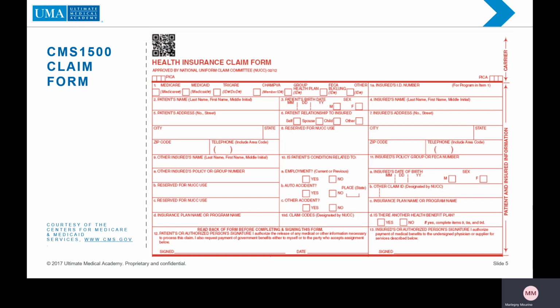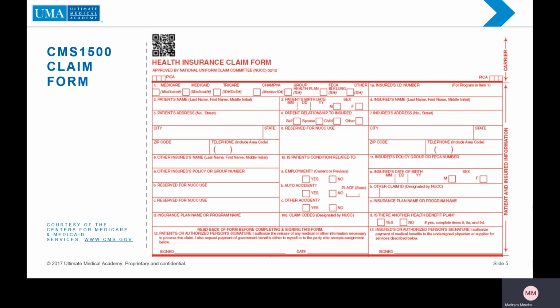In 1A, you enter the insured's ID number. In form locator number 2, you enter the patient's name: last name, first name, middle initial. Form locator number 3, you enter the patient's date of birth and also their sex.